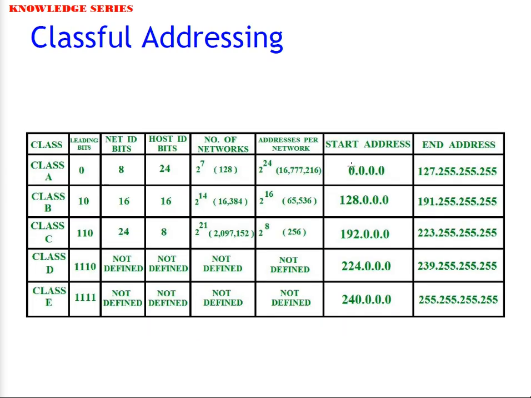The range you should remember: 0 to 127 belongs to class A, 128 to 191 belongs to class B, 192 to 223 belongs to class C, 224 to 239 class D, 240 to 255 class E. Now you may ask me, sir, how to remember these values? See, on this side you can see all are 255. Similarly, on this side all are zeros.